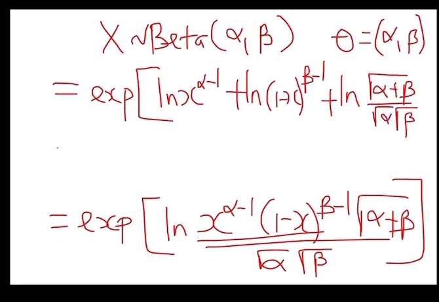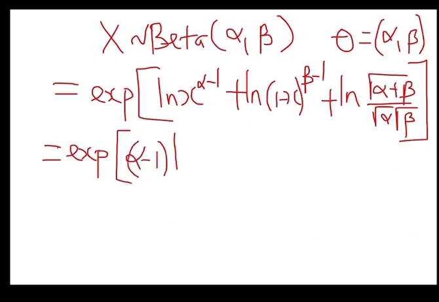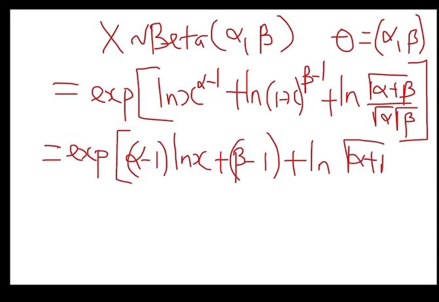I'm actually using the knowledge of mathematics now. In statistical theory, we require mathematical knowledge. So if I rewrite this, I get alpha minus 1 ln x, plus beta minus 1, plus ln of gamma alpha plus beta over gamma alpha gamma beta.